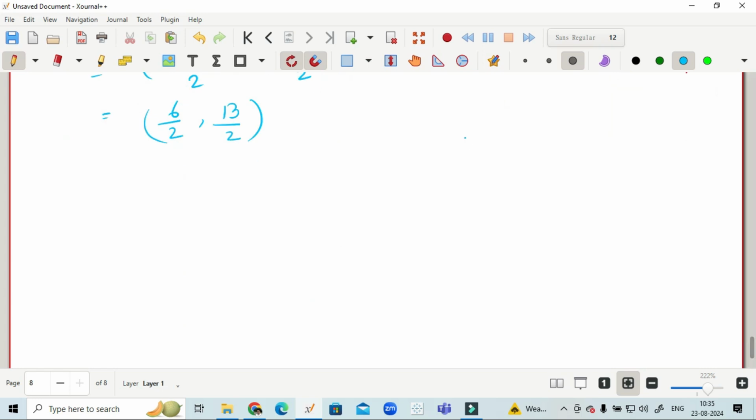So F is 3, 13 by 2. So this is the point, and now the slope.